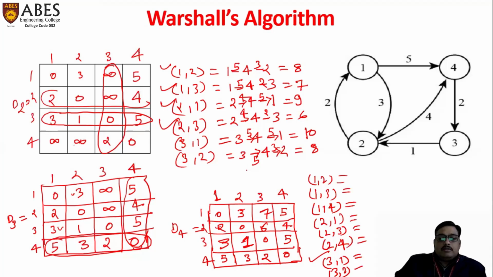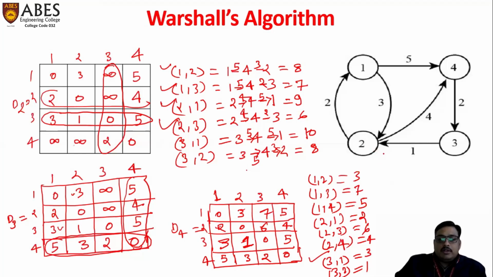Okay. So here, 1 to 2, we have 3, 1 to 3, we have 7, and 1 to 4, we have 5. But 2 to 1, we have 2, 2 to 3, we have 6, 2 to 4, we have 4, 3 to 1, we have 3, 3 to 2, we have 1.